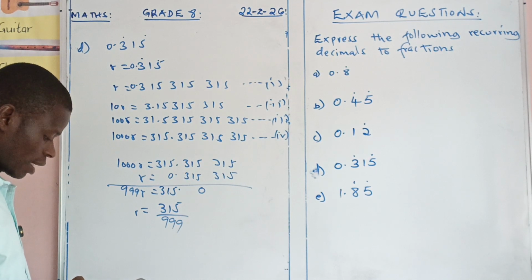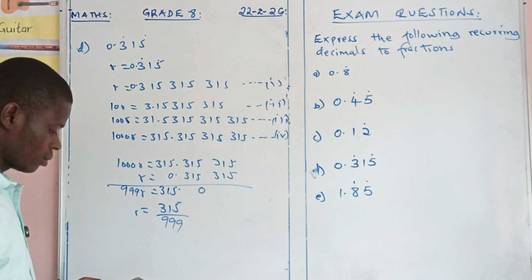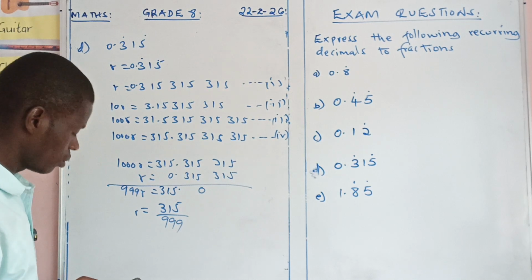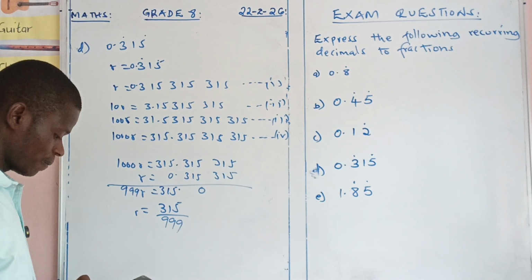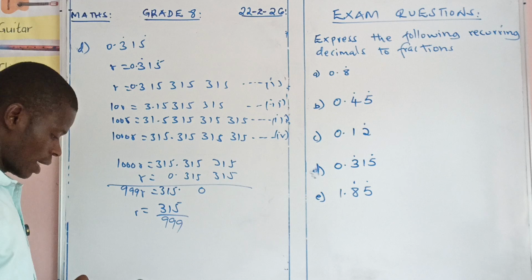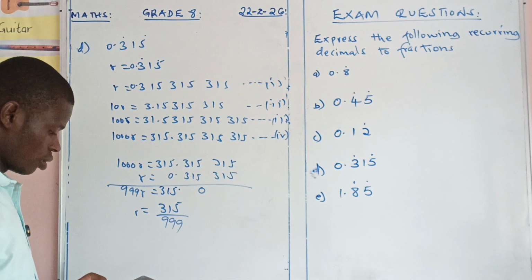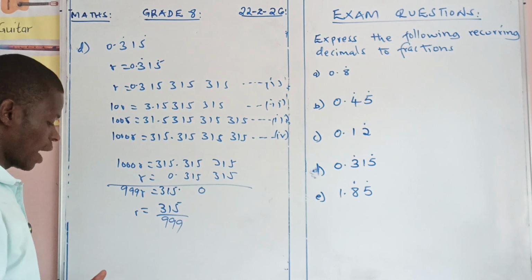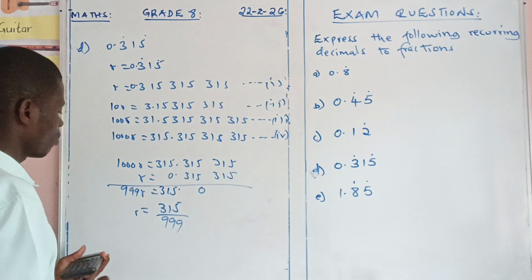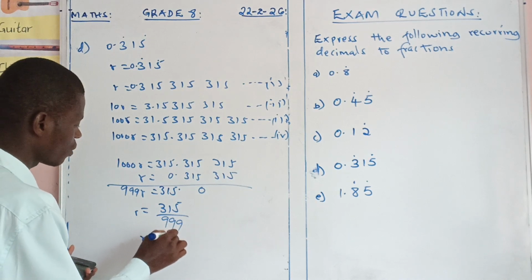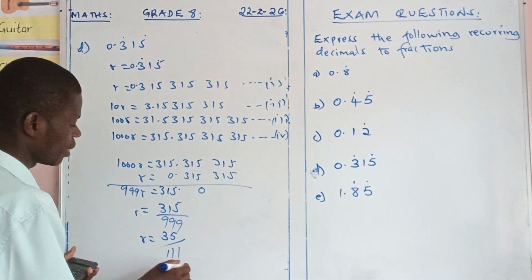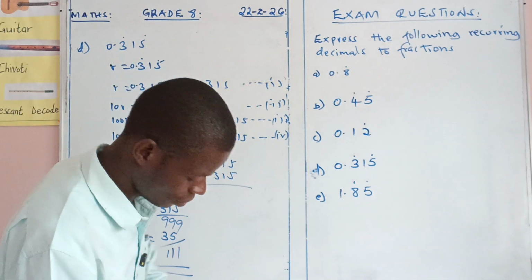Just use your calculator. 315 divided by 999. Good. So if I simplify, I have my fraction. Always leave your fraction in the simplest form. R is equal to 35 over 111. So that's my fraction.